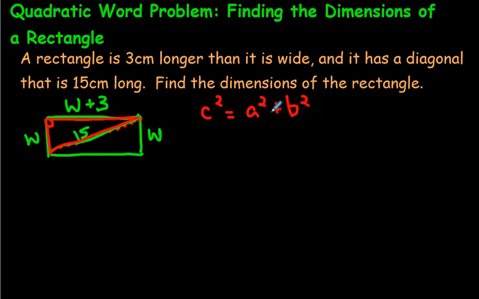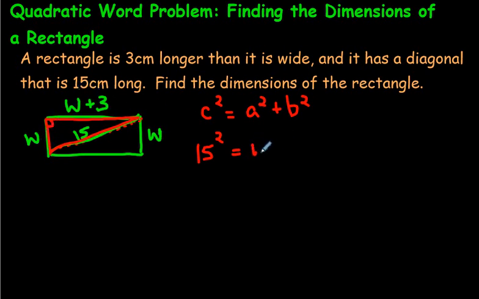What that means is if you multiply one of the sides by itself and the other side by itself, and add those up, you will end up with the square of the hypotenuse, which is this long side right here, the 15. So if we use this to help us with the dimensions, we can start moving forward with answering this question. I'm going to take the 15 and put it where the hypotenuse is, and that equals this squared plus this squared.